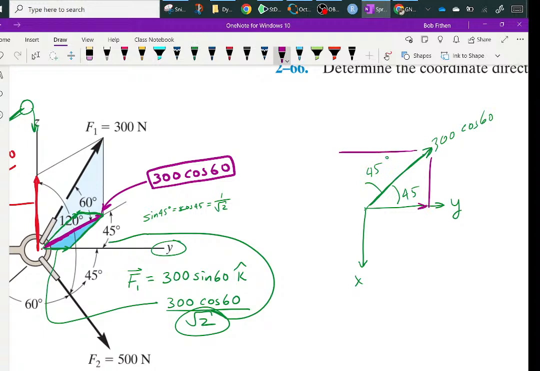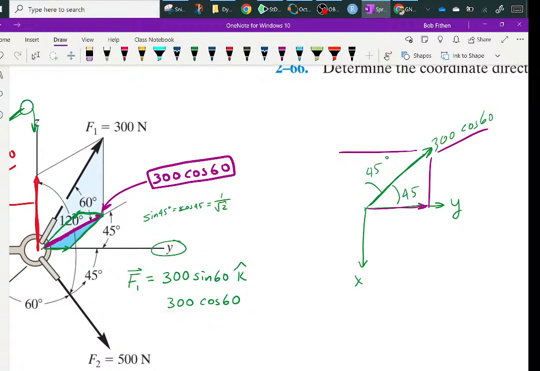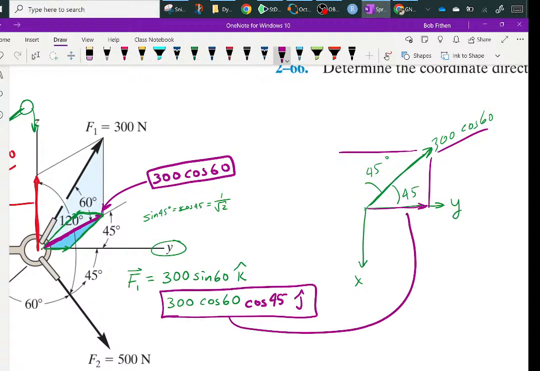So I'm looking at the component right there, and that's in the Y direction. I got a lot of confusion around this. So it's 300 cosine, and I could write it two ways. I could write it this way, cosine 45, which maybe I'll do. And that's the J. So this component is right there.